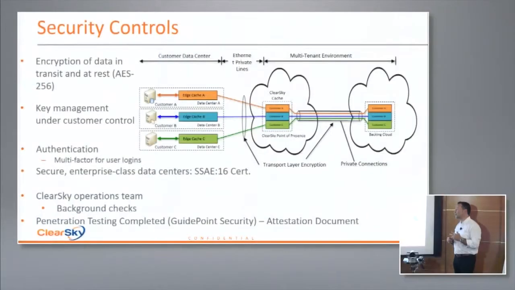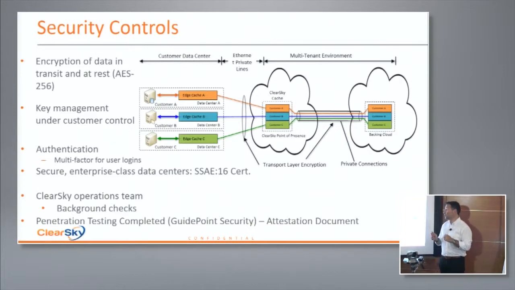I mentioned before, the edge cache has a TPM module in each controller. The TPM module is used to do key management. We're doing AES-256 encryption at rest and in transit. We're doing it at wire speed, so we have a ton of compute there, and it doesn't affect your performance.